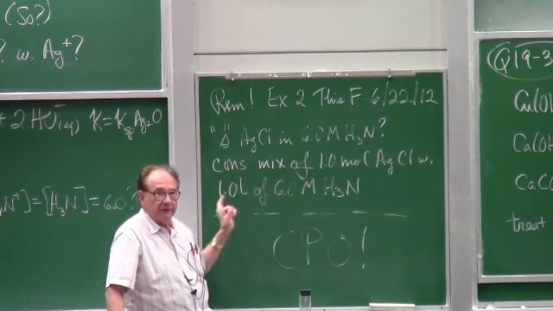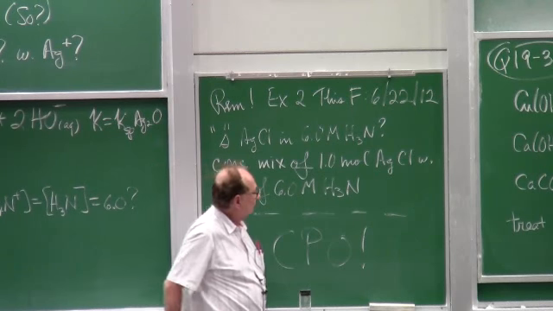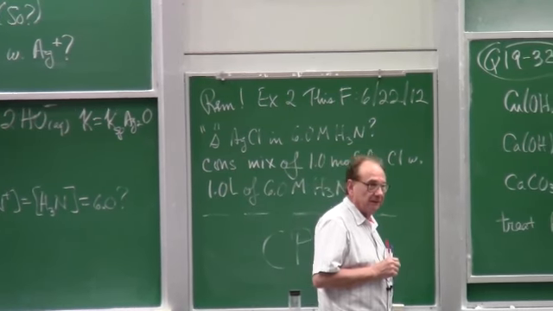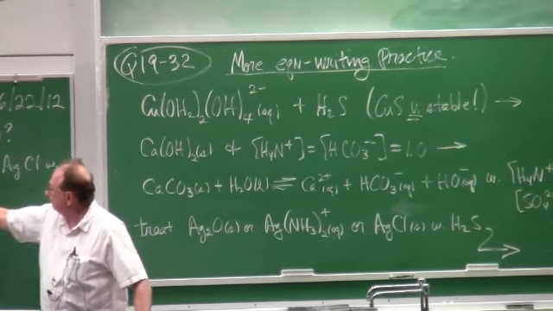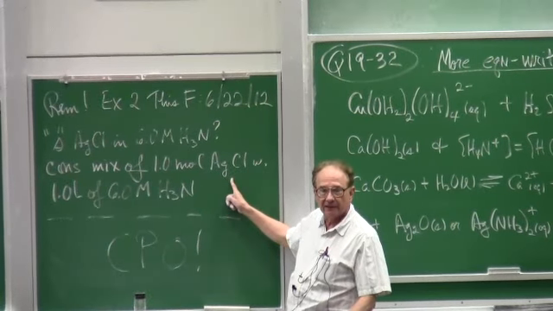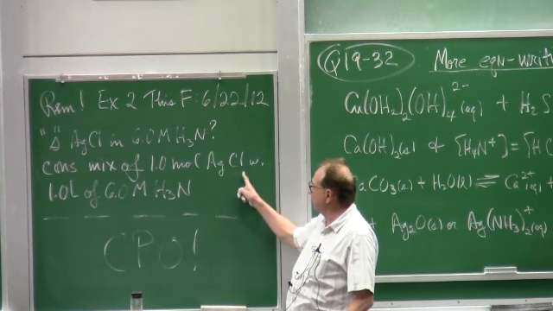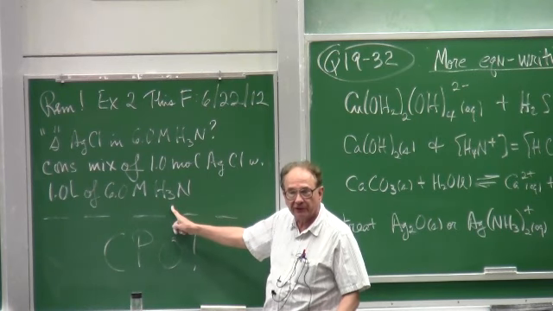Now, before we go further with the analysis of this system, do you recognize, from an inventory standpoint, in this system, we got 1.0 total moles of silver ion. We got 1.0 total moles of chloride ion. And we got 6.0 total moles of ammonia.